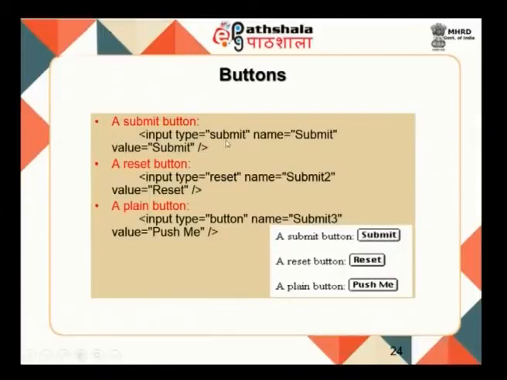The name, as I told you, is normally used by the script code to identify uniquely the different form elements that we use in the form. So, this nowhere appears in your web page, and the value equal to submit is normally seen on the top of your button.